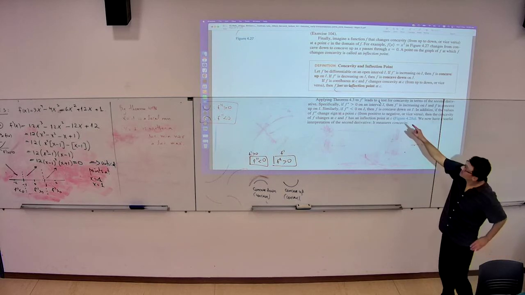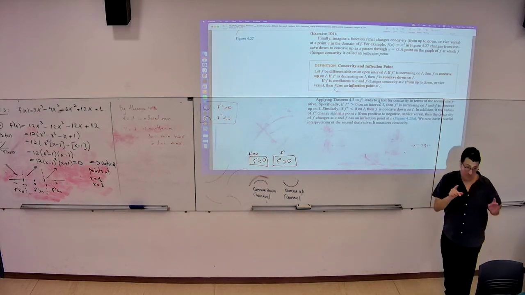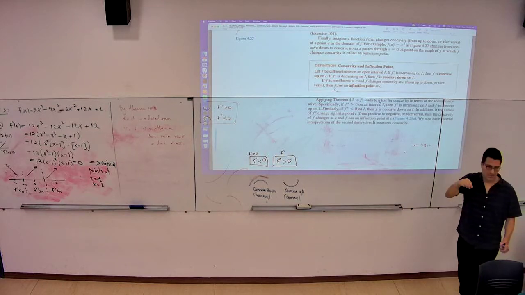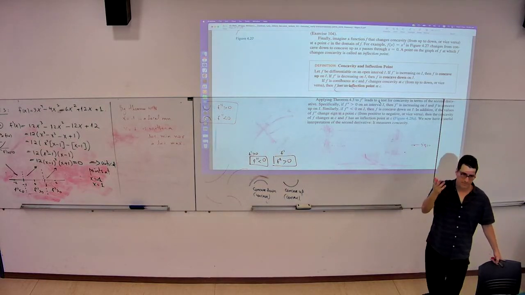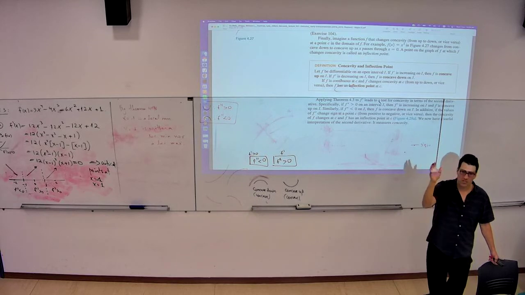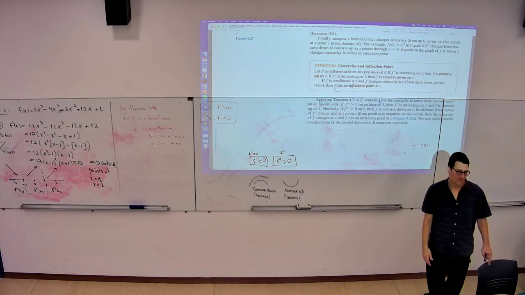If the function is continuous at a point C and changes concavity at that point, then that point is called an inflection point. You've heard this term before, probably in environmental sciences, where they talk all the time about inflection points, climate change and all this stuff. Sometimes they have no idea why, but they talk about it.